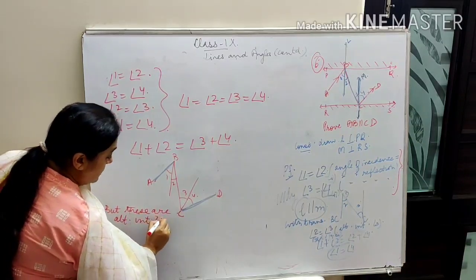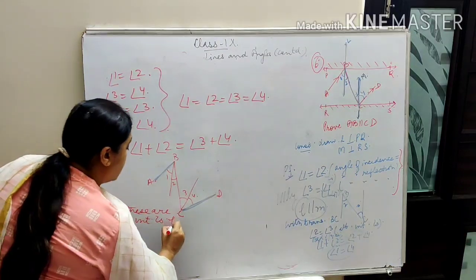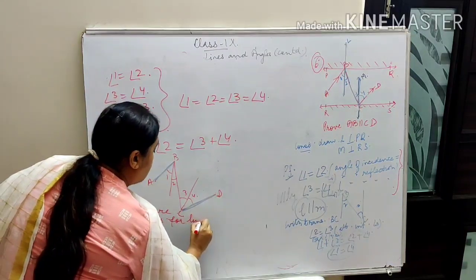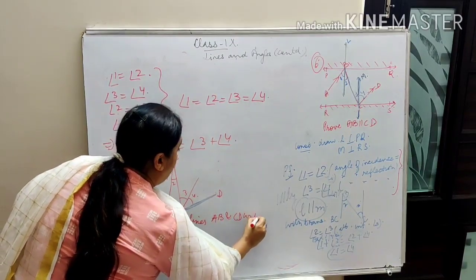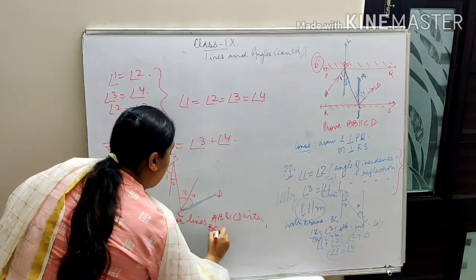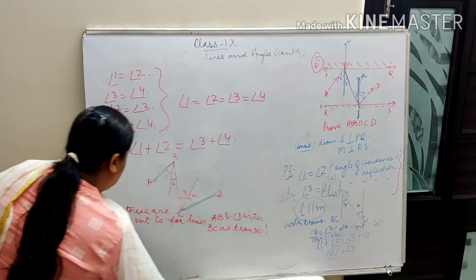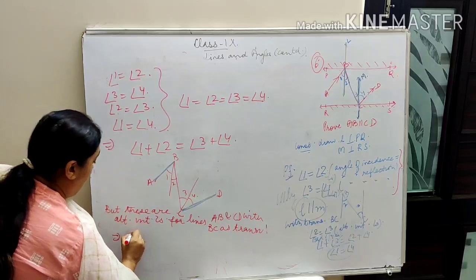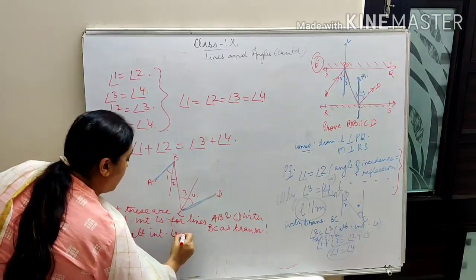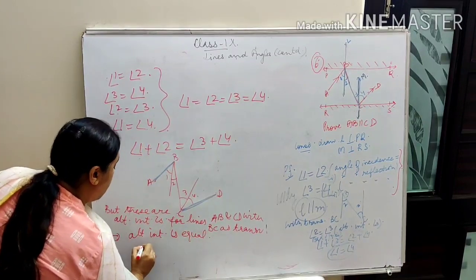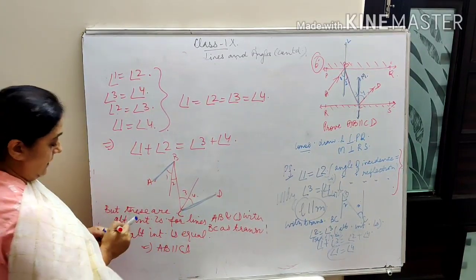This is a must to write. These are alternate interior angles for lines AB and CD with BC as transversal. This implies alternate interior angles are equal. This implies AB parallel CD.